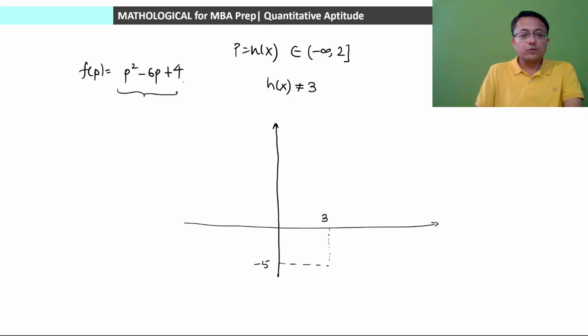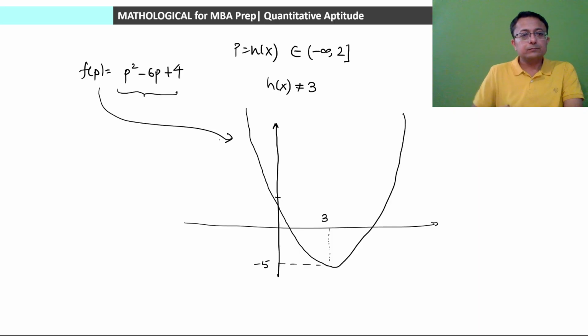And at p equal to 0, this will be equal to plus 4. So this will be our graph, kind of, for f(p). The minimum value is at p equal to 3, but the problem is that h(x) cannot be equal to 3. h(x) has to be between minus infinity and 2.